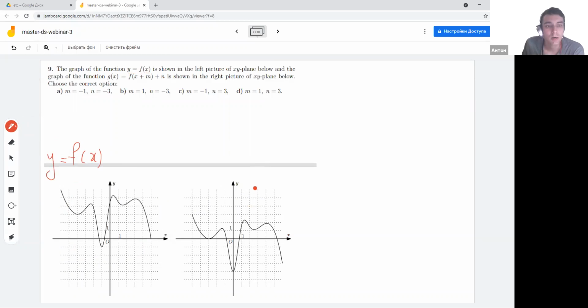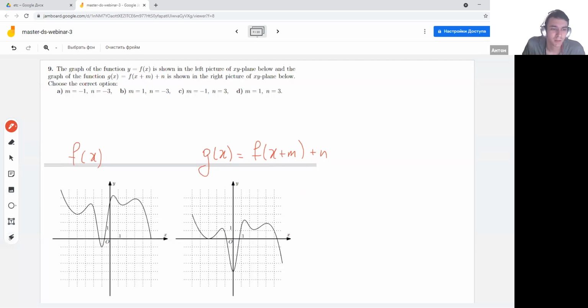And the right one is a graph of another function, g of x, which is actually f of x plus m plus n. So we are asked to find the values of m and n here. There is a trap here, of course.